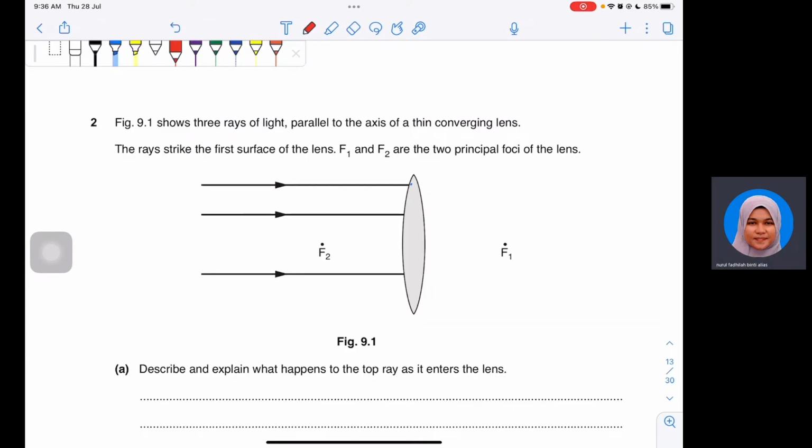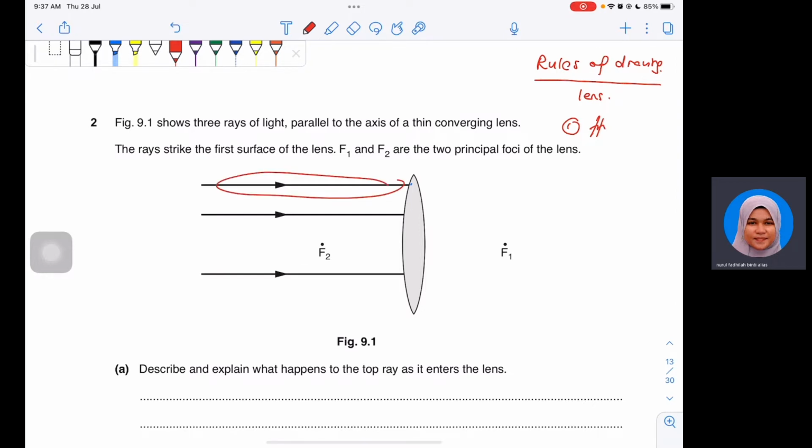So what are you going to explain? Okay, for drawing rays of light, we have rules. Rules of drawing ray light, for a lens. First, we have a parallel line. We don't have to mention the parallel line because the ray we are talking about is already parallel to the axis. Where is the axis? The axis is in the middle here. Next, number 2.